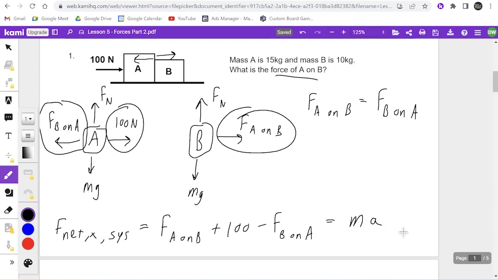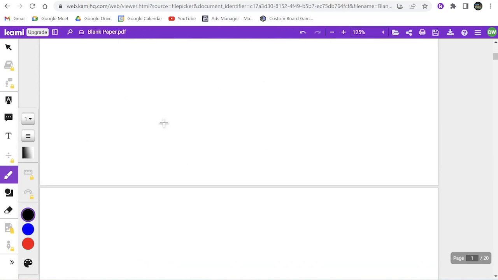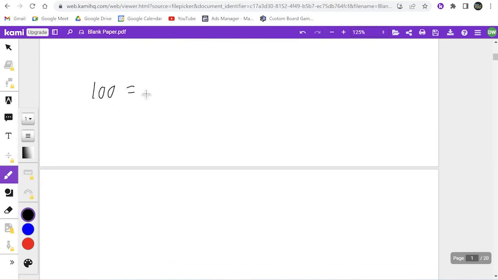And as always, I set that equal to the mass times acceleration. Whenever I write this, I should ask myself, do I know the acceleration? And the answer is no, I do not. That's probably what I'm going to be solving for first. It also gets better because even though I don't know F A on B and I don't know F B on A, since they're equal to each other, they cancel each other out. So what I have here now is 100, and what's left equals ma.